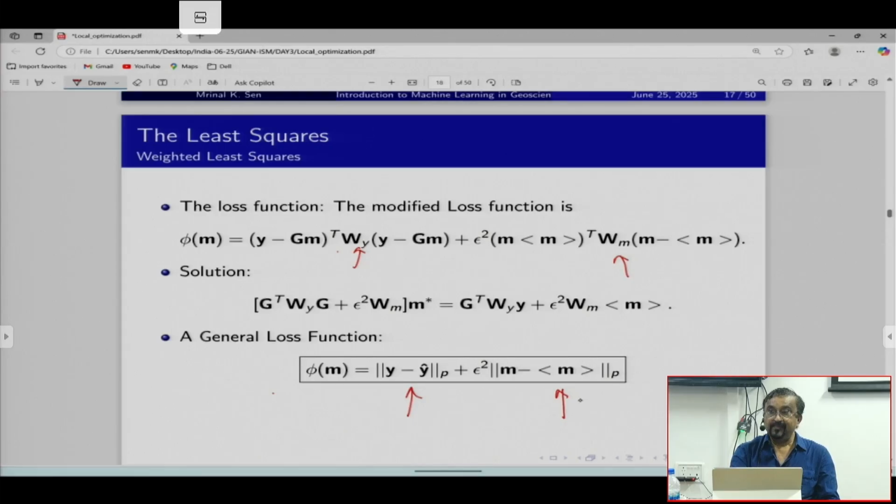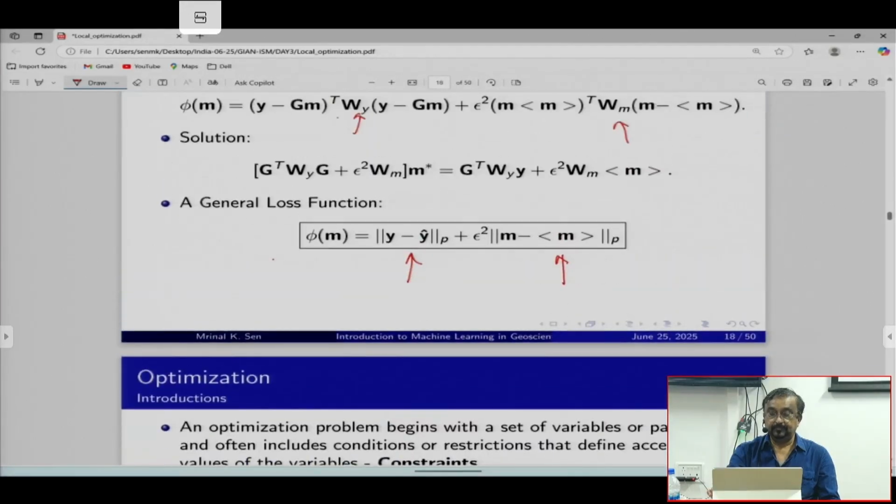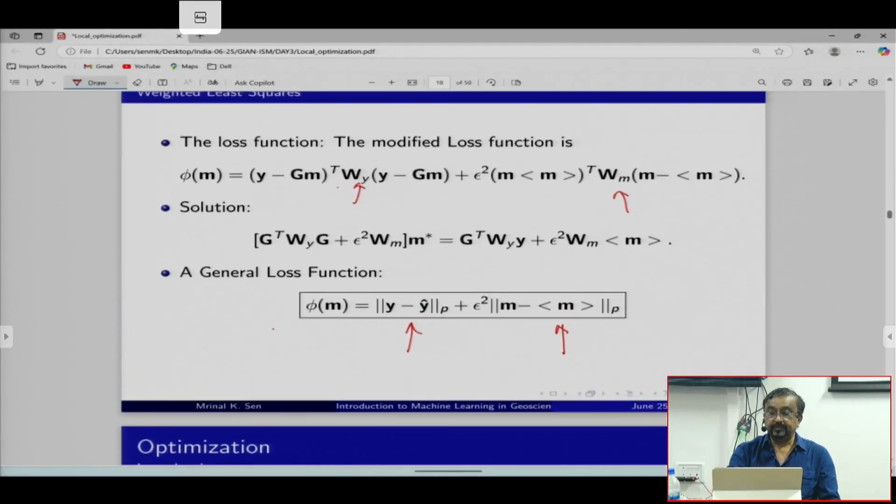Okay? And this p can be different, whether it's a data norm or the model norm. Okay? All right. Now, m within the brackets, so that's your prior model. Okay, something that you believe your model should be close to. Okay?